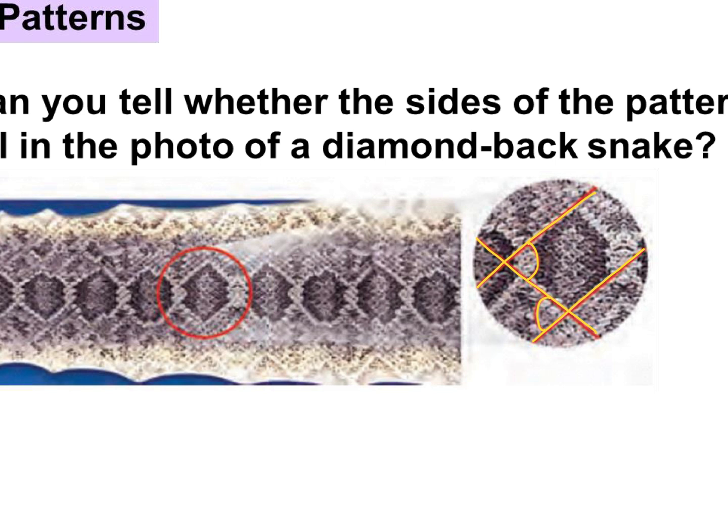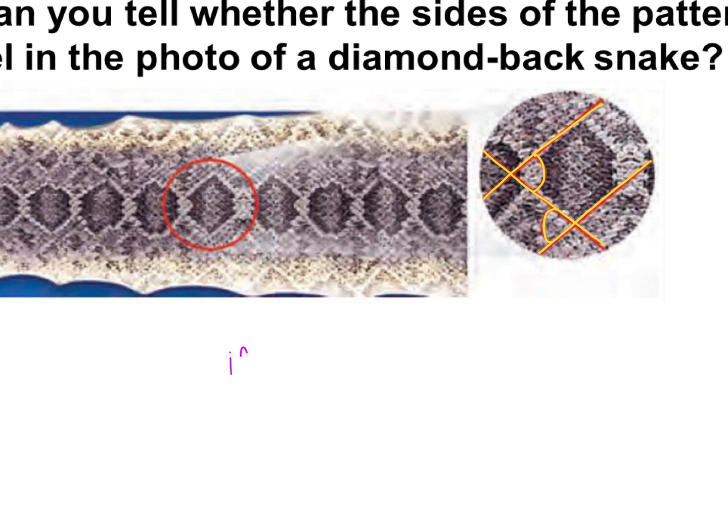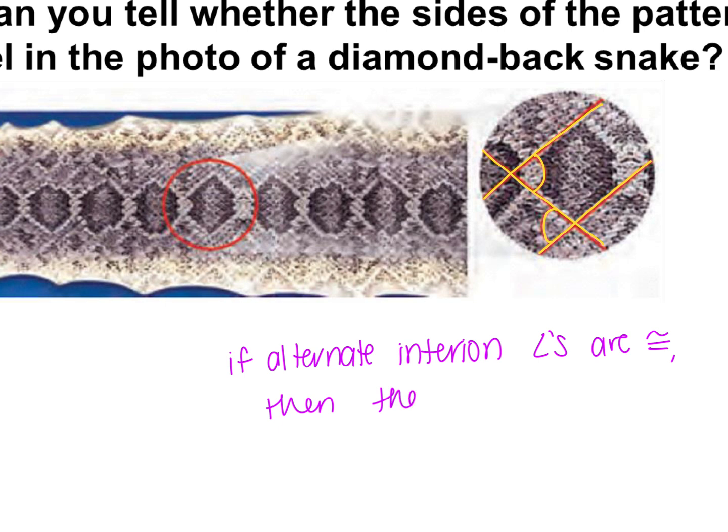Callie? Good. So if alternate interior angles are congruent, then the lines are parallel.